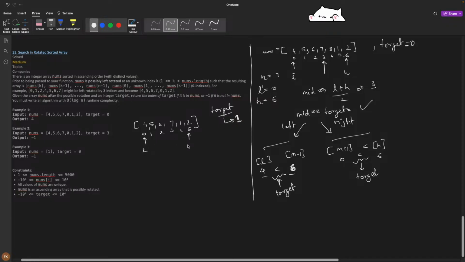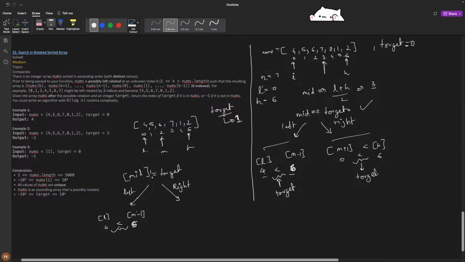Low is here, high is here, our mid would be at 2. Now the value at mid is not equal to target. Then we have two choices to go, either the left side or the right side. In the left side, we have the value at low equal to 4 and the value at mid minus 1 as 5.